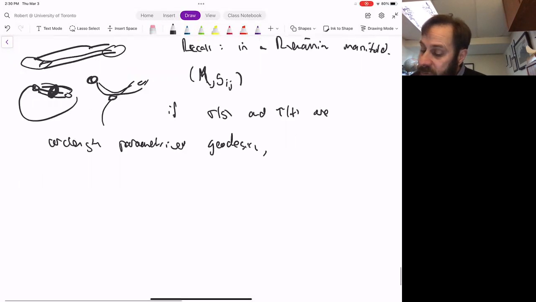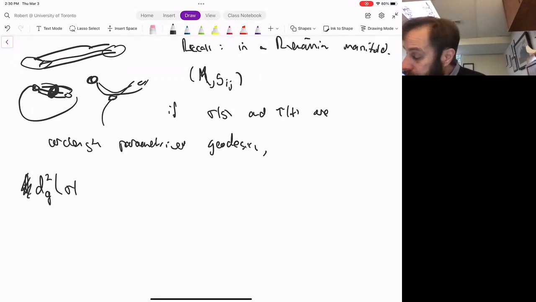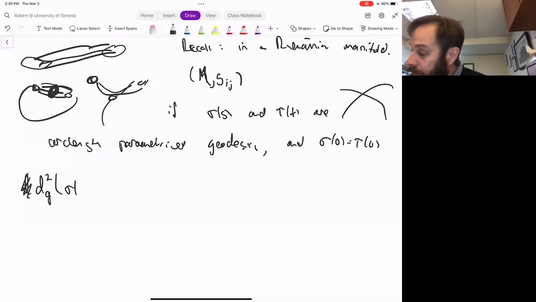Then we essentially derived earlier in the course the Riemannian distance on the manifold squared between sigma(s) and tau(t), if these two geodesics pass through the same point at time 0. Here, this is sigma of s, and that's tau of t, and they're passing through a common point at 0.